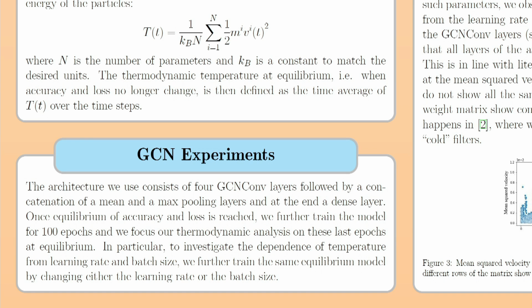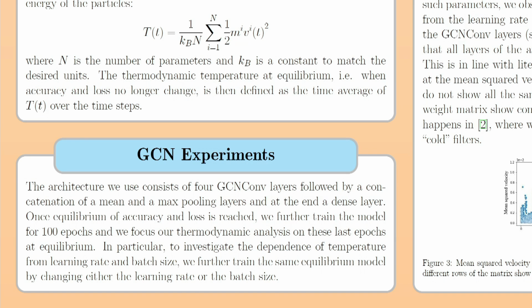We trained the architecture for 600 epochs, and after the 600 epochs, we start our thermodynamic analysis. We train the model a further 100 epochs at equilibrium, and we focus our thermodynamic analysis on the last 100 epochs, when the training has already finished.